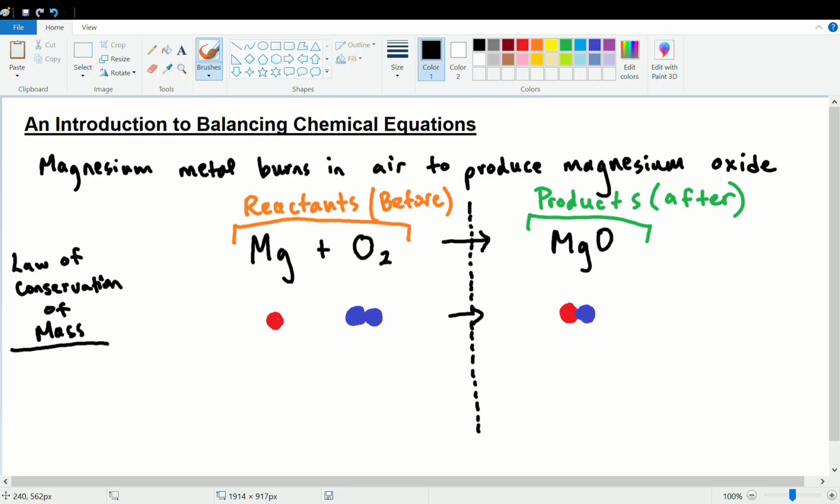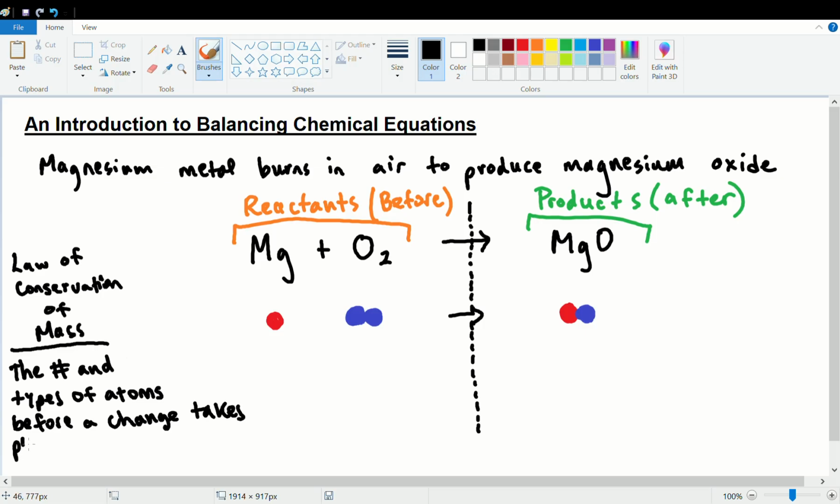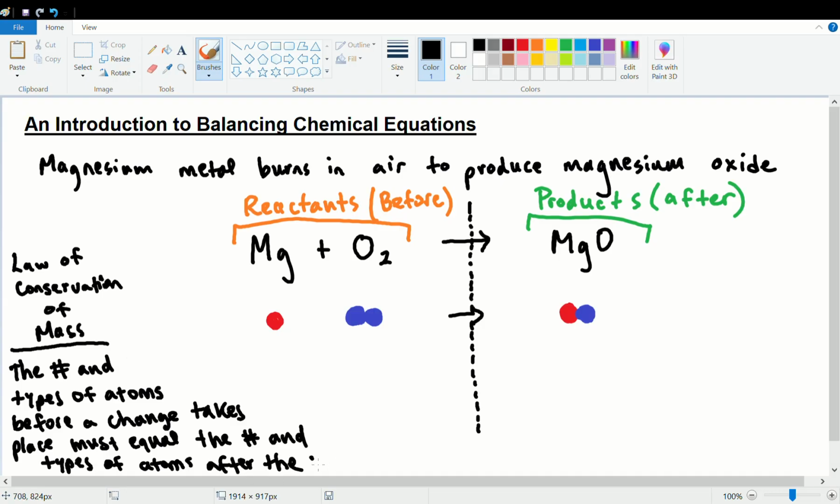And the law of conservation of mass states that the number and types of atoms before a change takes place must equal the number and types of atoms after the change is complete.